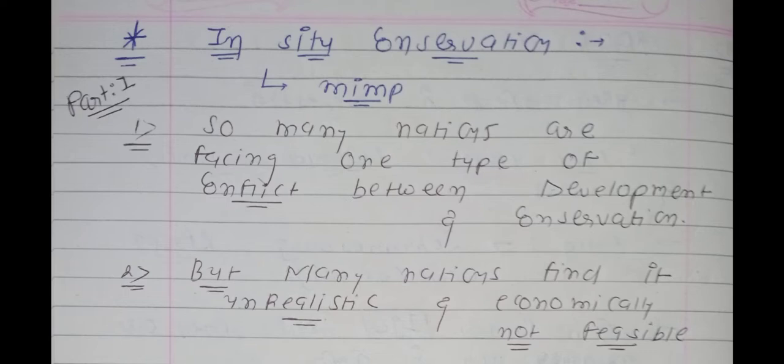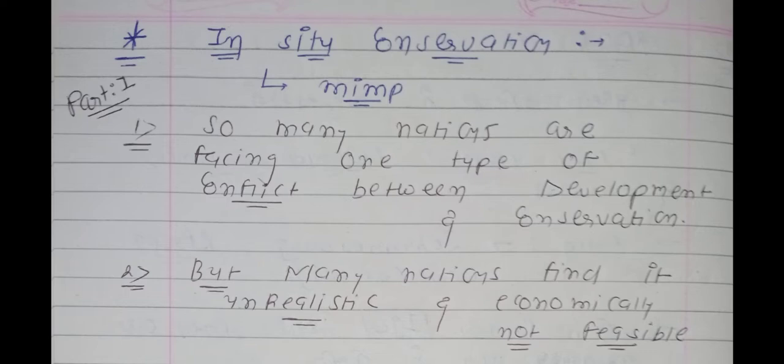All countries want increasing GDP, all countries want to develop. So development is necessary for each and every country, but what about conservation? Conservation is also very important according to biodiversity and the scientific view.